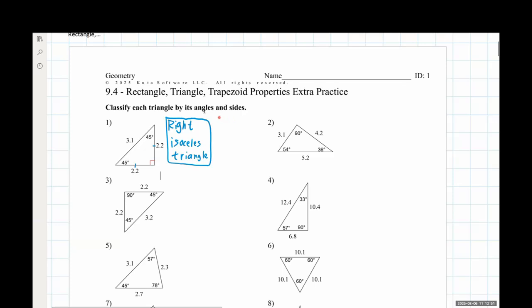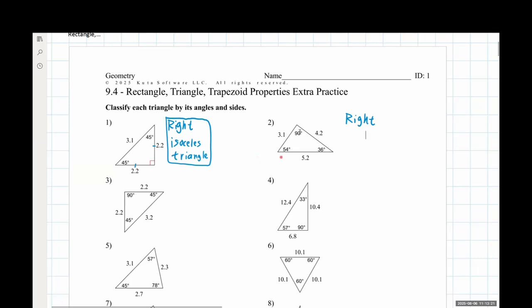Let's take a look at number 2. So we're looking at this, and again, I think it's good to start with the angles, then go with the sides, but there really isn't a correct order you want to go in. You need to look and check for both of them. So what am I noticing about the angles? One of them is a 90-degree angle. So once again I'm going to have a right triangle show up. So for the angles, I can say that this thing is right.